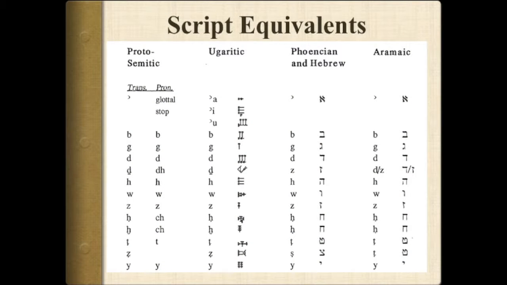Now, originally in Proto-Semitic, and we find similarities for these sounds also in Ugaritic, there are about 30 different consonantal sounds, most of which are included in Ugaritic, many of which are even today used in Arabic.